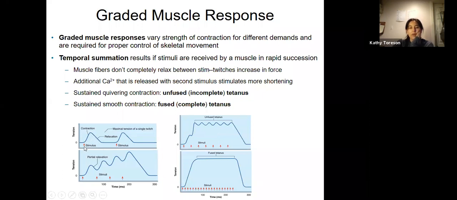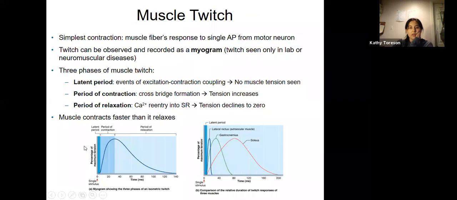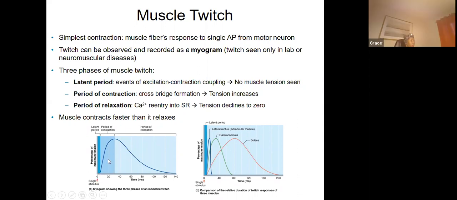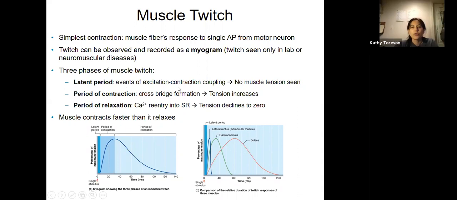And we talked about how we can look at this a little bit more closely and see again that there is a short delay between receiving the stimulus and actually generating tension. And that's due to all of the steps that we've been talking about so far.